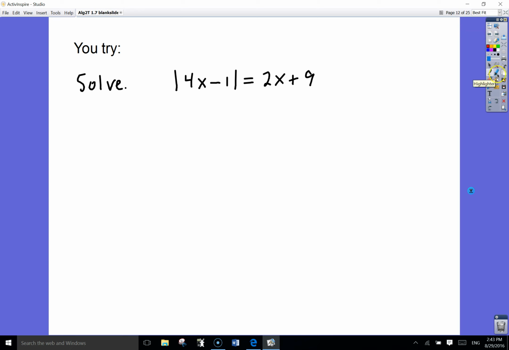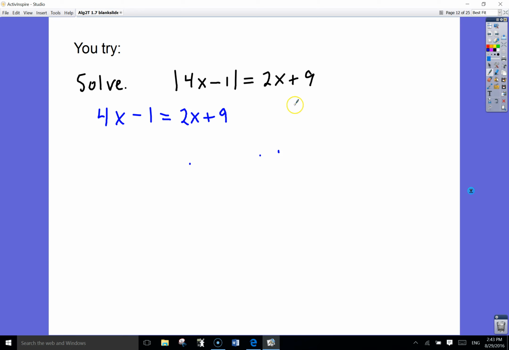Okay, go ahead and try this one also. Pause. Okay, the important thing about showing this one is what it looks like when you set up these two equations. 4x minus 1 equals 2x plus 9, right? You take whatever's inside the absolute value, you set it equal to the right-hand side.